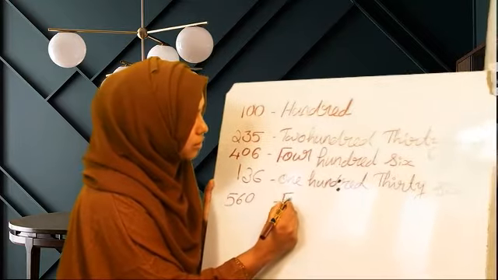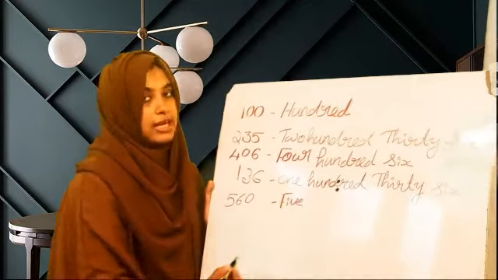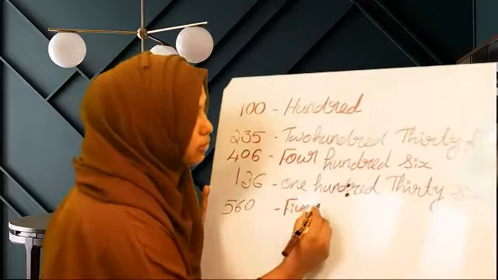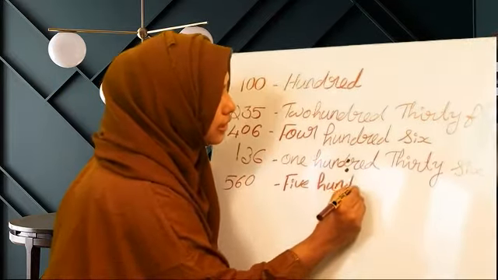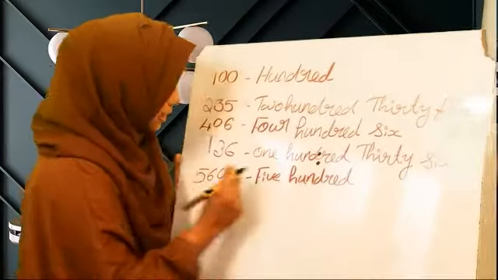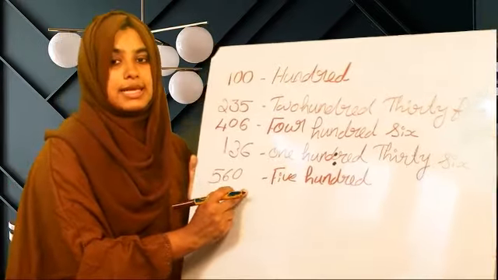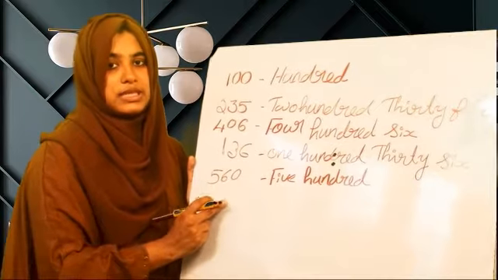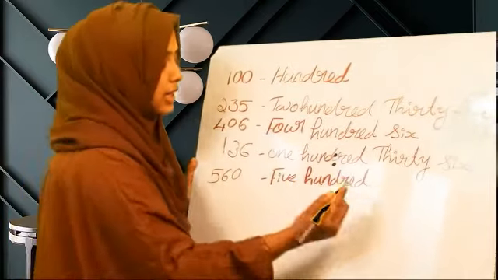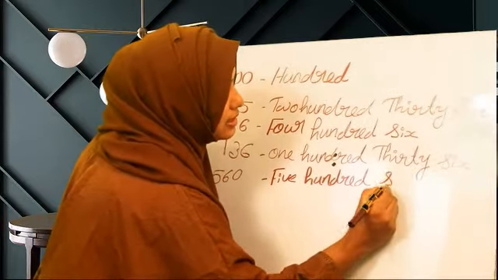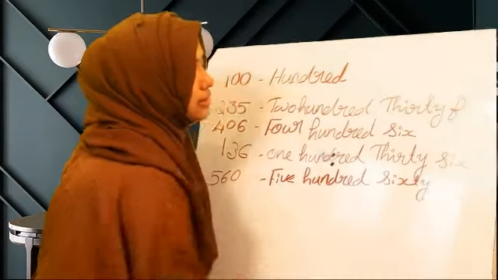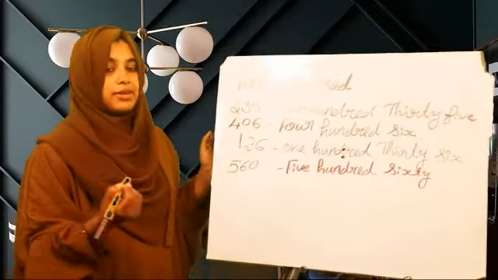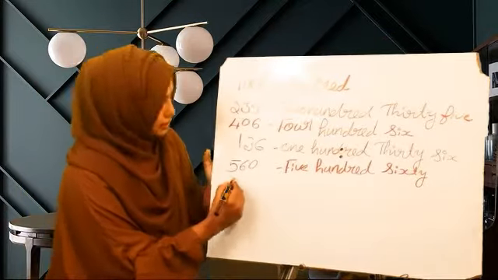First write the spelling of 5, F-I-V-E. Then the spelling of 100, H-U-N-D-R-E-D. Then 6 tens and 0 ones means 60, S-I-X-T-Y. So we write 560. Okay, let's check another number.